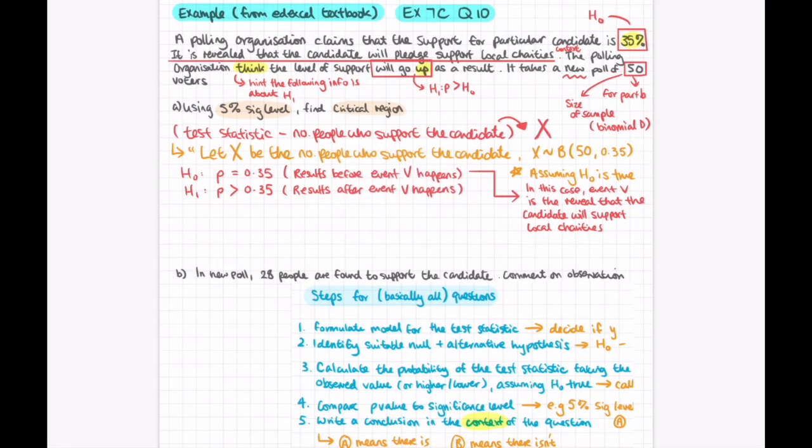If you remember from the last video, which you should go and watch if you haven't, you can either use tables. Okay, so method for 1, 2, 3 is tables or calculator.